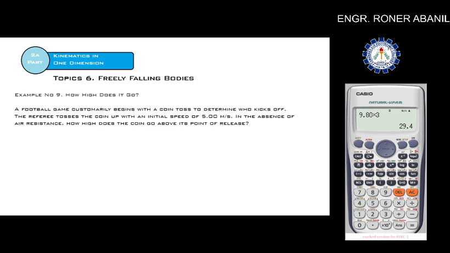A football game customarily begins with a coin toss to determine who kicks off. The referee tosses the coin up an initial speed of 5 meters per second. In the absence of the air resistance, how high does the coin go above its point of release?